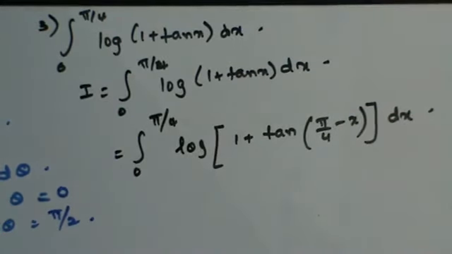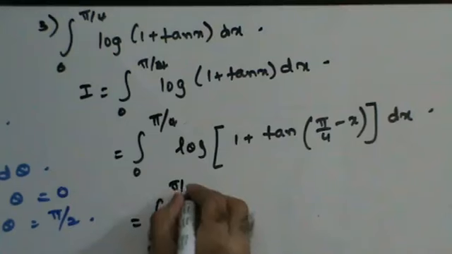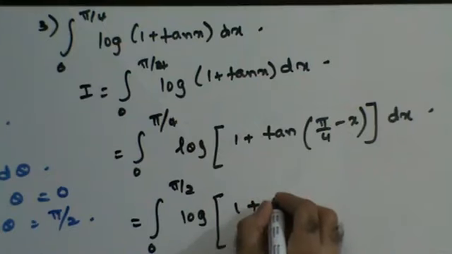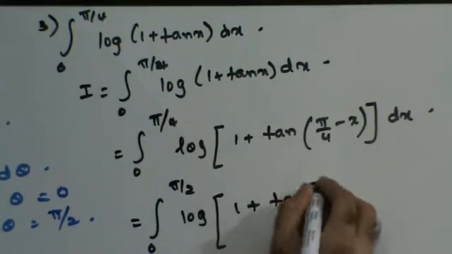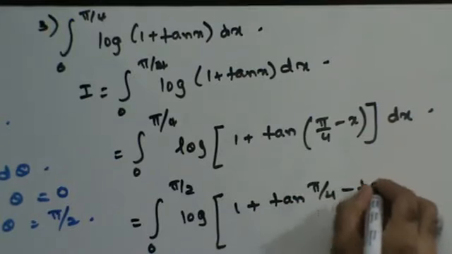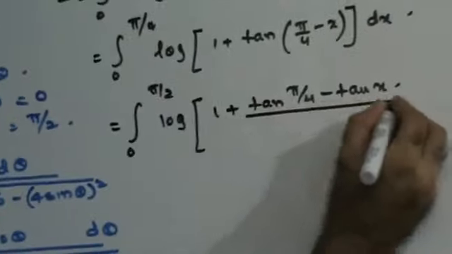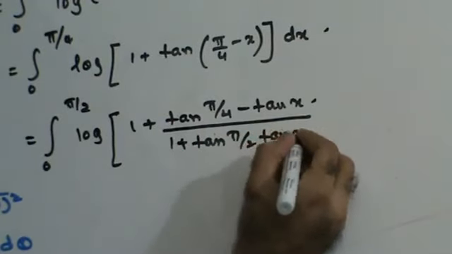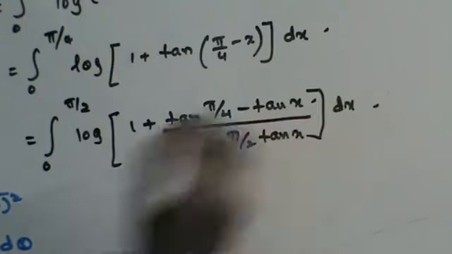I'm using the formula integral of 0 to a f of x is nothing but integral of 0 to a f of a minus x. Now let's solve this. This can be written as 0 to pi by 4 log 1 plus, I can use the addition formula here, tan a minus b, which is nothing but tan a minus tan b upon 1 plus tan a tan b, dx.